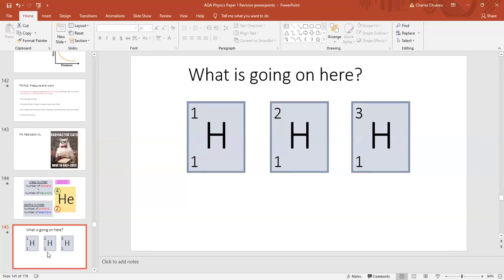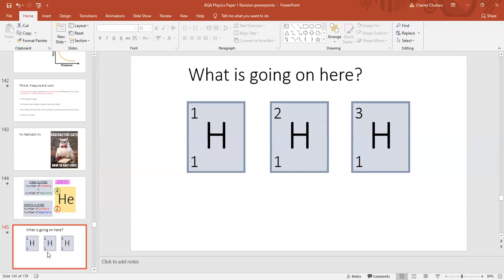Increase in neutrons. That's one way to say it. How else do you want to explain it?